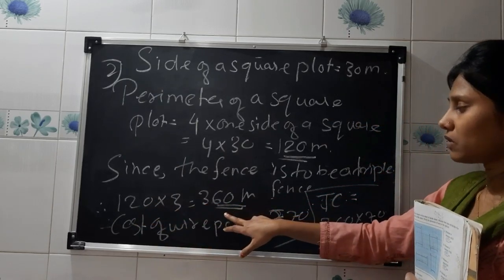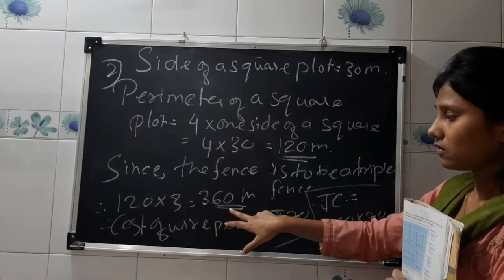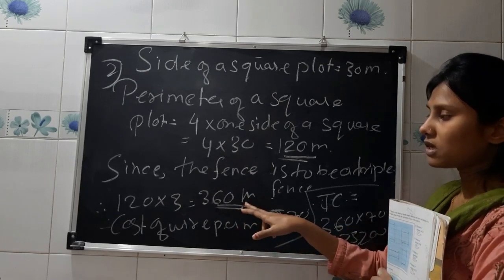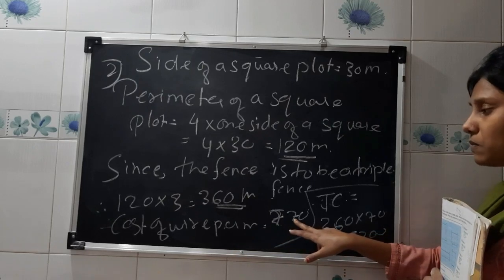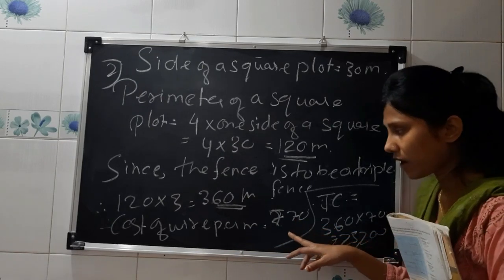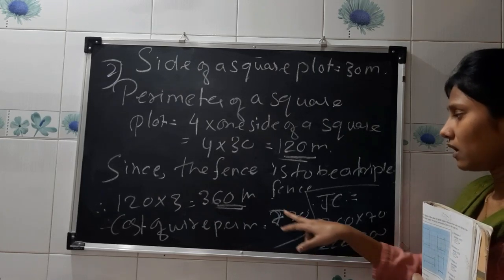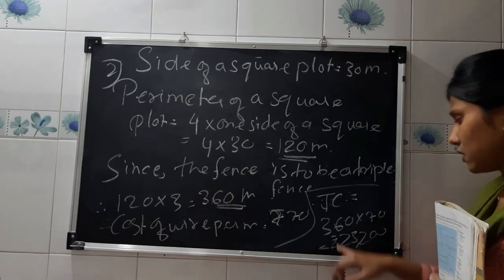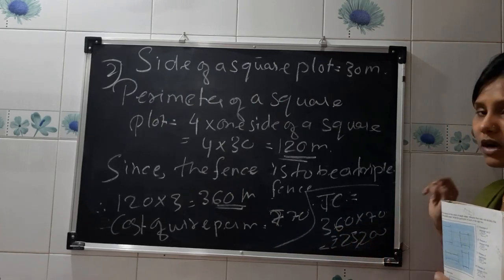So you will get 360 meter. So you will require 360 meters of wire to put a triple fence around a square plot. Then the cost per meter they have given is rupees 70. So we have to find out the total cost for putting the triple fence of 360 meters. So 360 meter into 70, you will get the answer 25,200.